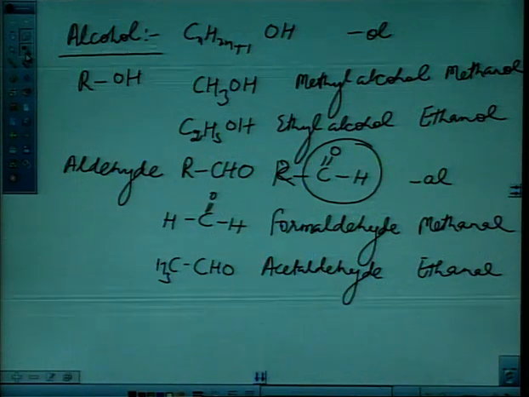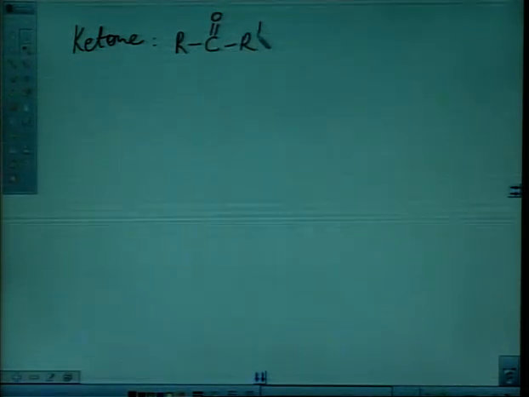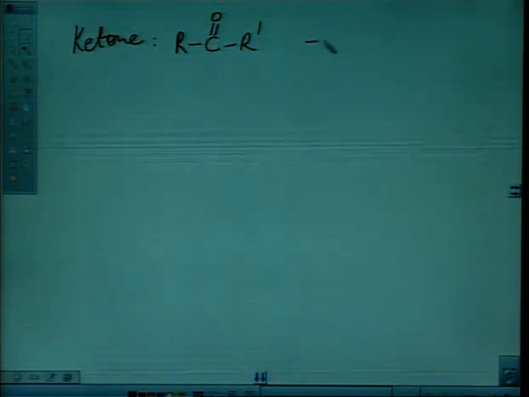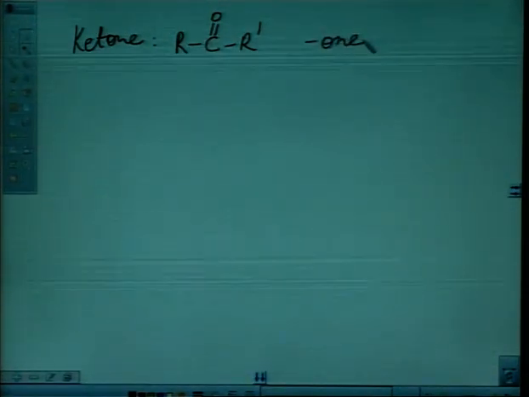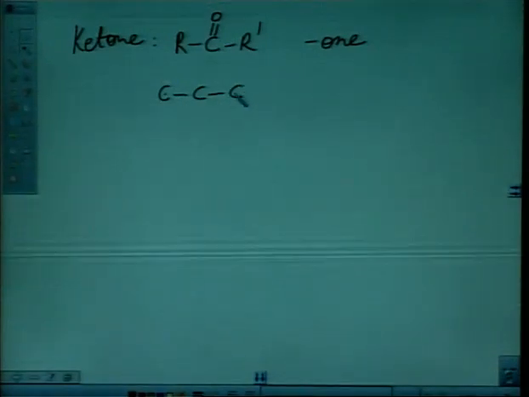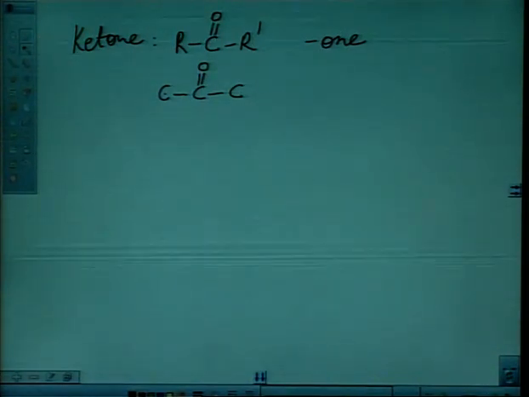Okay. The next family is ketone. The general formula is RCOR'. R may or may not be equal to R'. The suffix is one. The first member of the family has 3 carbons, and the central carbon has the carbonyl group.